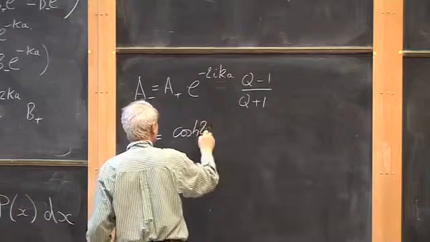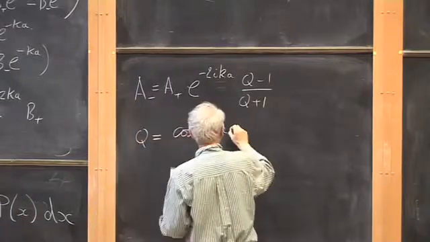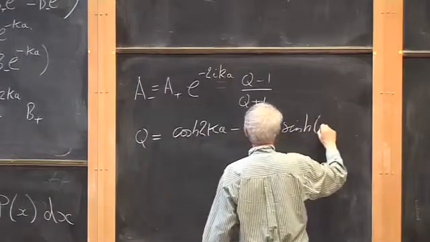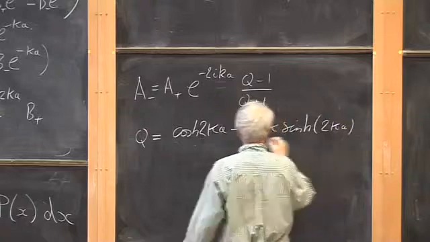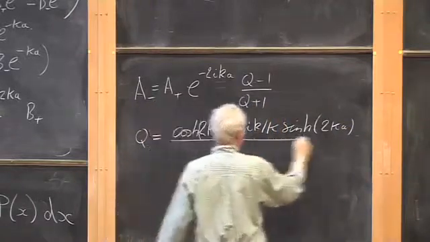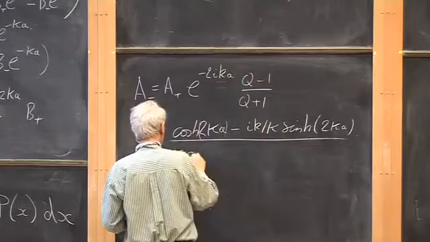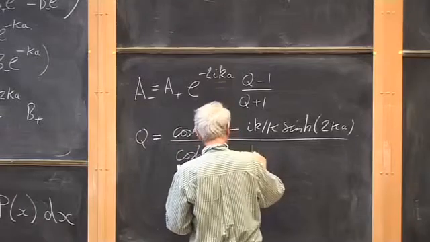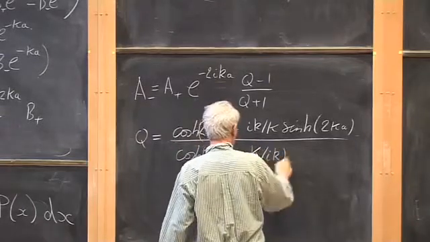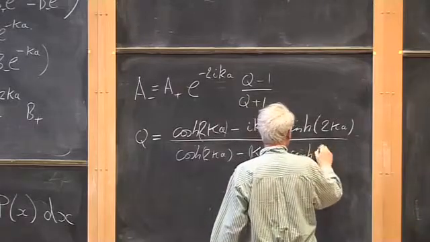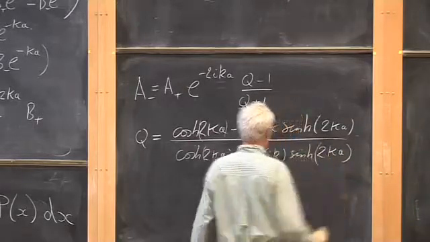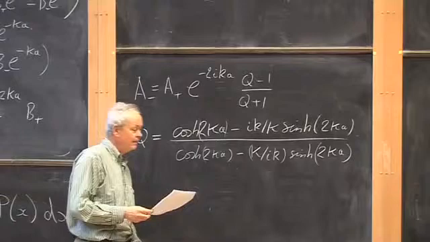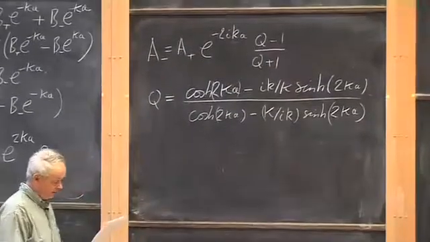It's cosh 2Ka minus iK on k, hyperbolic sinh of 2Ka, all over cosh 2Ka minus big K over ik of sinh. So the algebra is, as promised, altogether more messy than it was yesterday, because we're not exploiting parity.